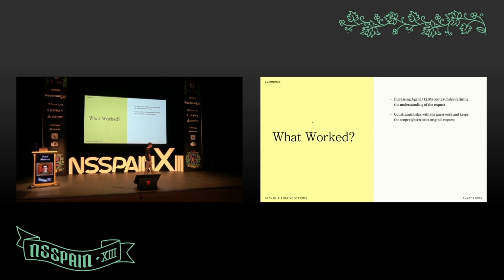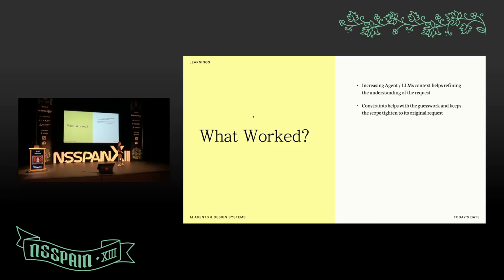Constraints help a lot to avoid guesswork and reduce the scope, keeping things tight. I'm always a fan of design systems, regardless of agents. I was working with design systems before that, but design systems are always going to be the key to success in actually building UIs.